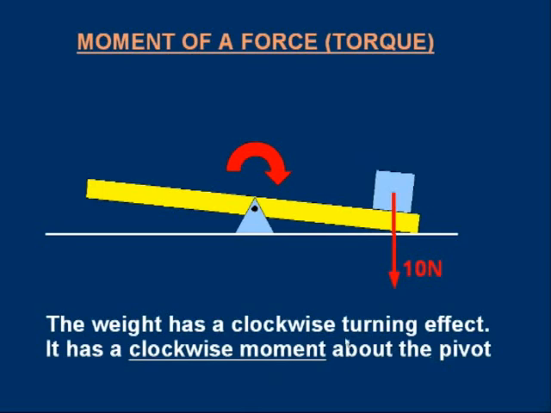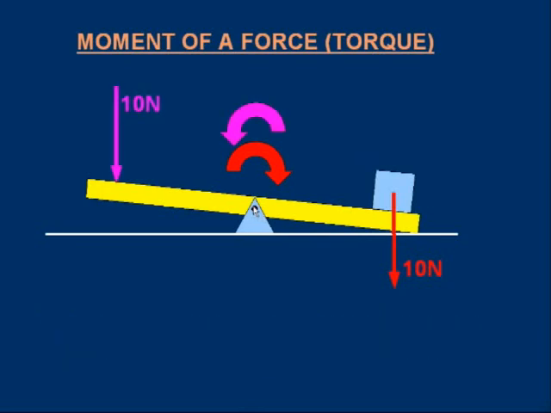What do I have to do to return the seesaw to level? One thing I could do is to put the same weight to the left. The weight was 10 Newton. If I apply the same weight to the left, the same distance from the pivot, the weight will make the seesaw rotate anti-clockwise.